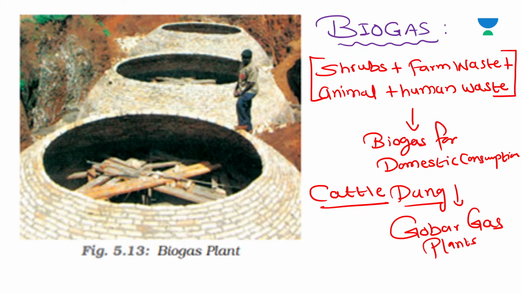It improves the quality of manure and also prevents the loss of trees and manure due to burning of fuel wood and cow dung cakes. Now, this is all about the biogas.